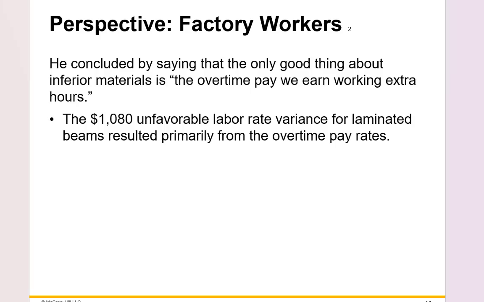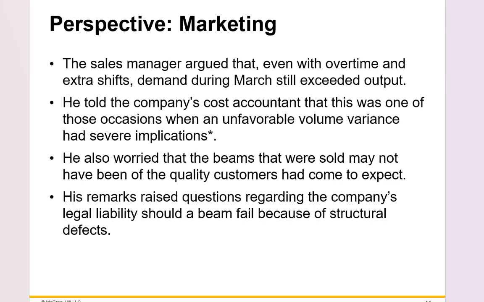Now, from a marketing perspective, the sales manager says even with overtime and extra shifts, our demand still exceeded output, so that's good. He told the company's cost accountant this was one of those occasions when an unfavorable volume variance had severe implications. So what does that mean? We were trying to sell 700, but we only made 600. And so will we have enough in the future, and will they be of sufficient quality?